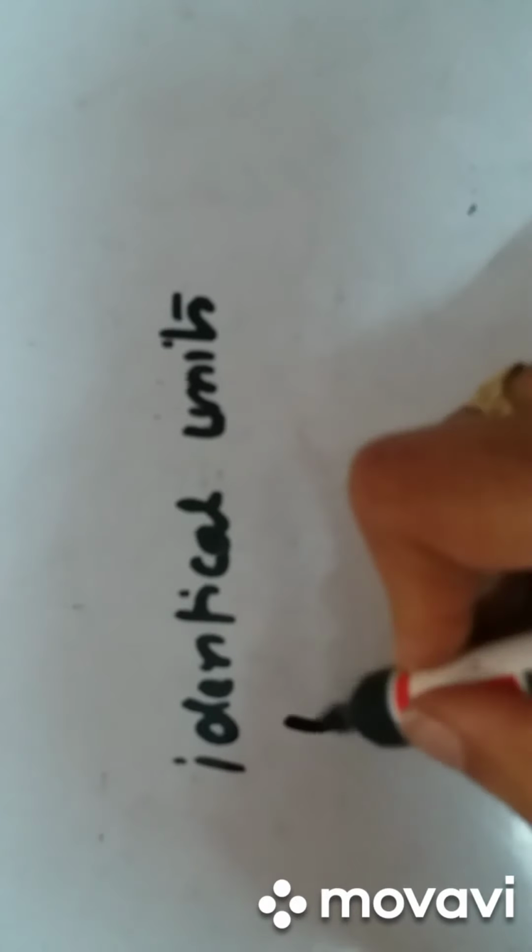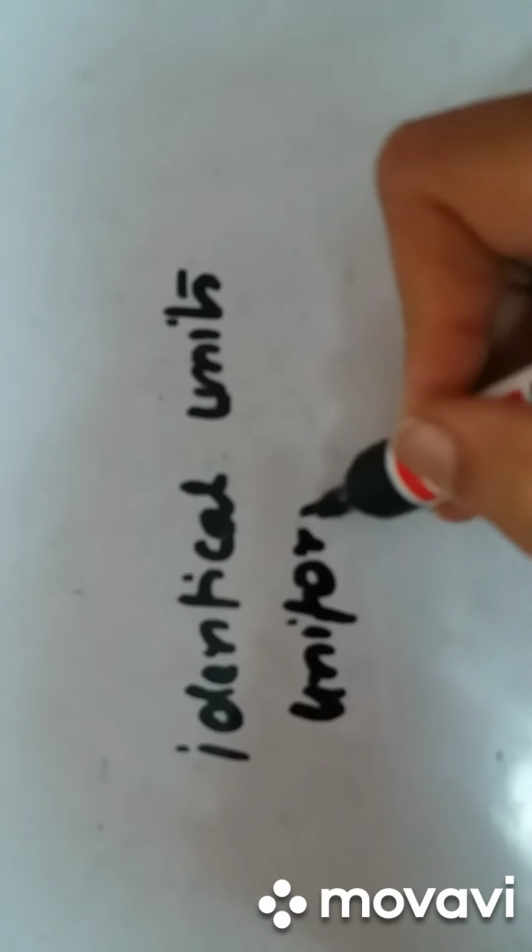Then the process which we are talking about is to be uniformly performed on all the units of raw material which are entering into that process.